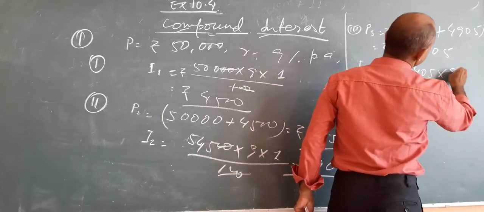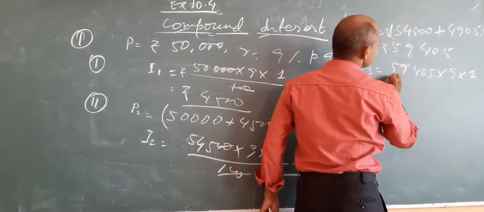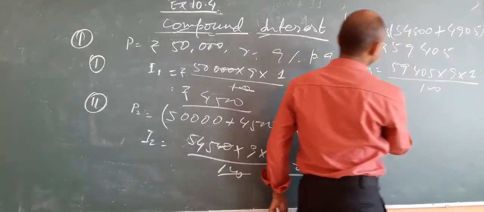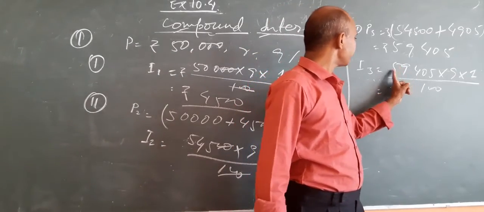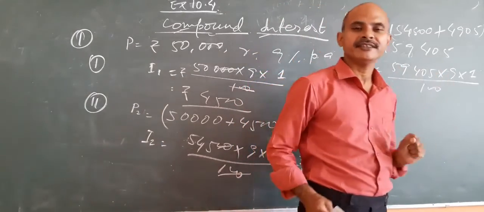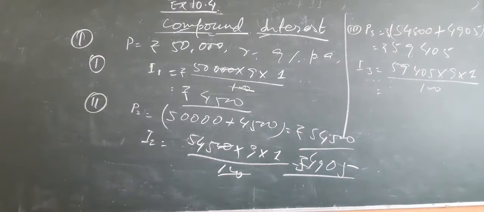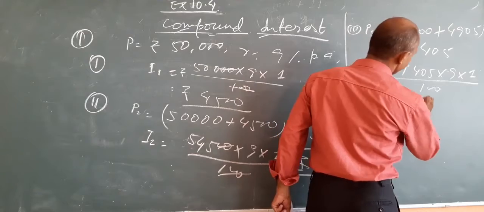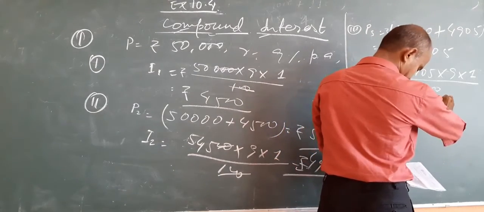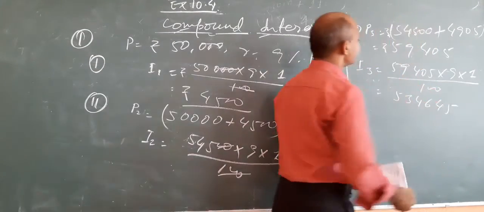59,405 into 9% and 1 year, by 100. You have to multiply 59,405 into 9, which gives 534,645.